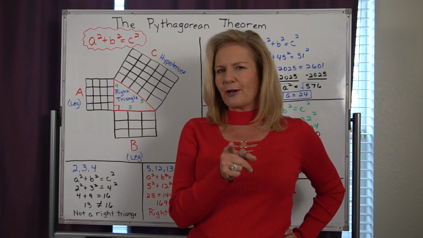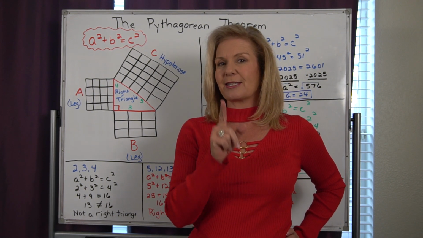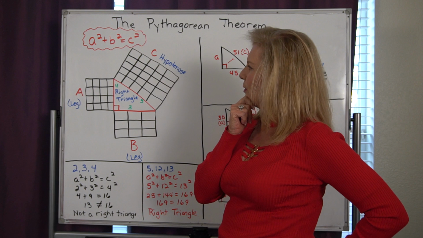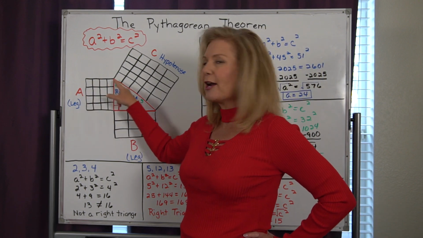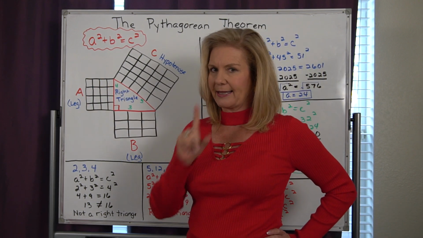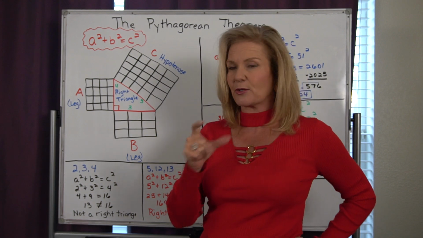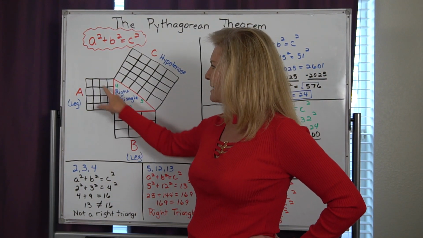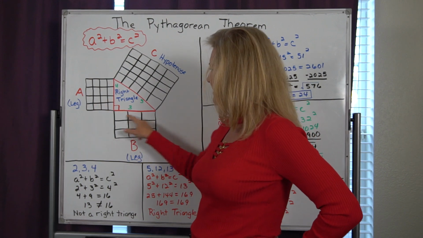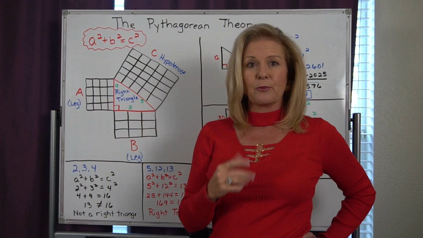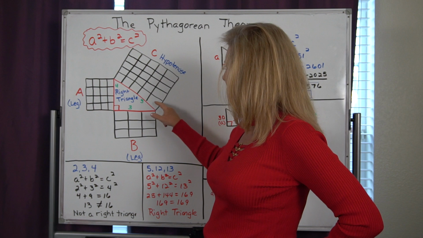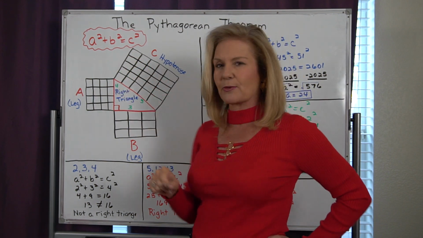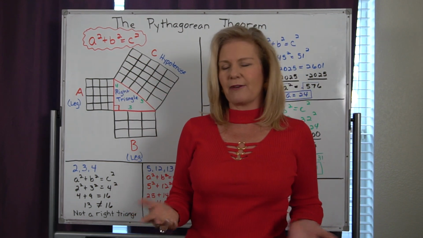But what Pythagoras did is he looked beyond just the side length and he thought, all right, well, let's take a look at the area attached to that side length. So remember, that area is going to be a square, a 4 by 4 square, which makes this 16 units. And this is a 3 by 3 square, which makes that 9 units. And this is a 5 by 5 square, and that makes that 25 units.